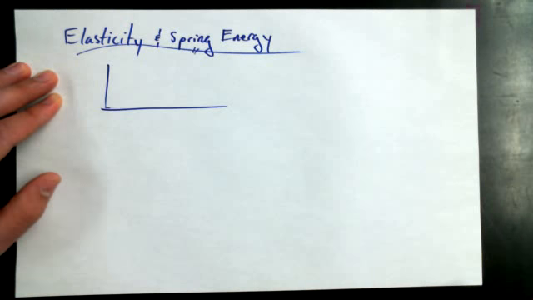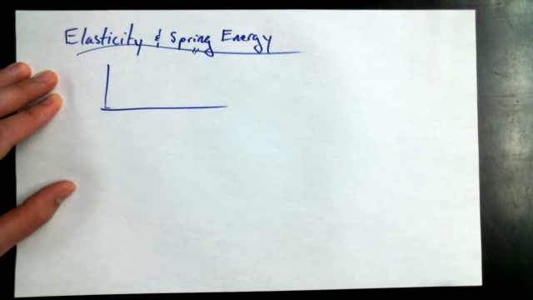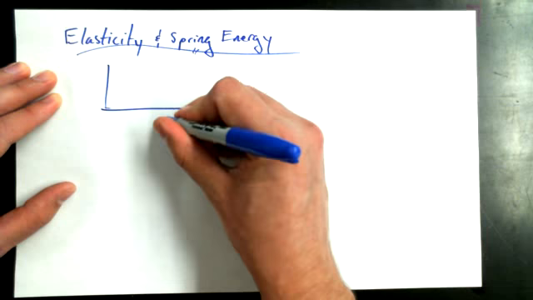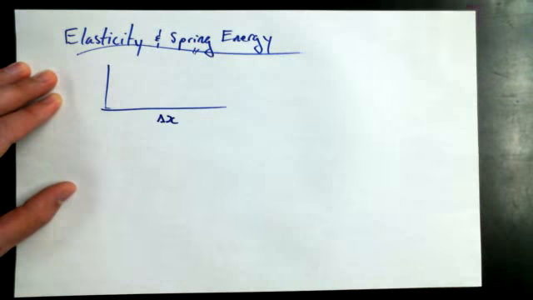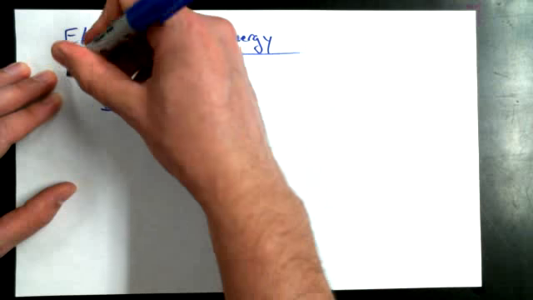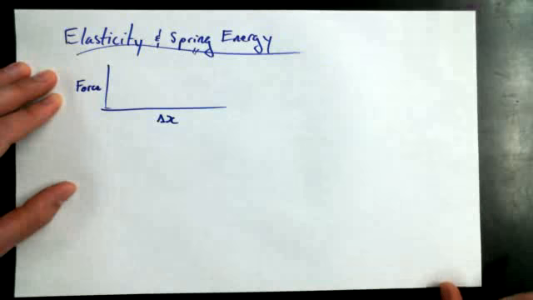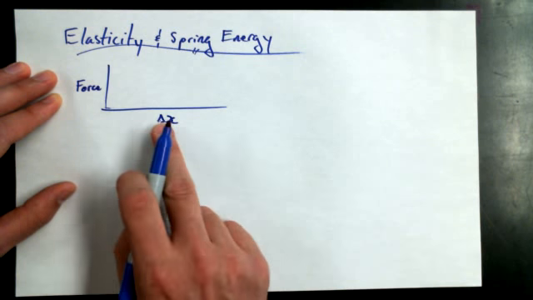All right, elasticity and spring energy. I want to talk about the idea of a graph for elasticity and spring energy. If the horizontal axis is the delta x axis, the amount that you've stretched a spring by, and the vertical axis is the applied force, or rather the responding force by the spring, then as I stretch this spring, the force the spring responds with increases.